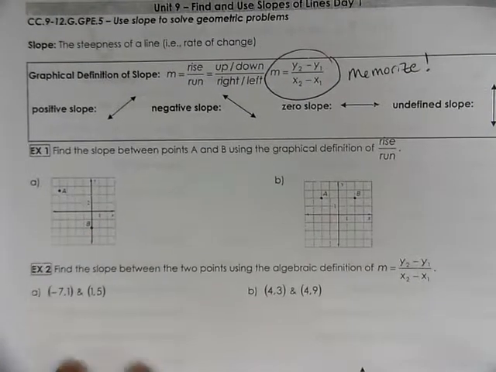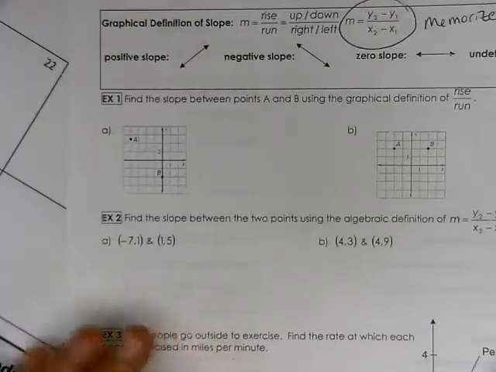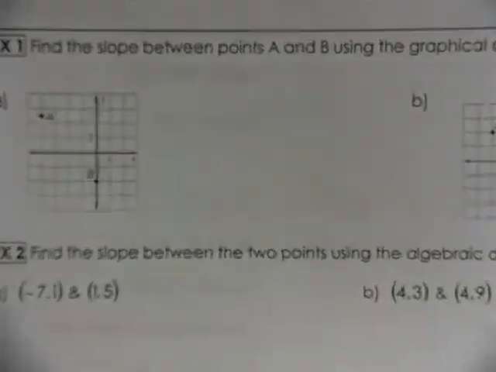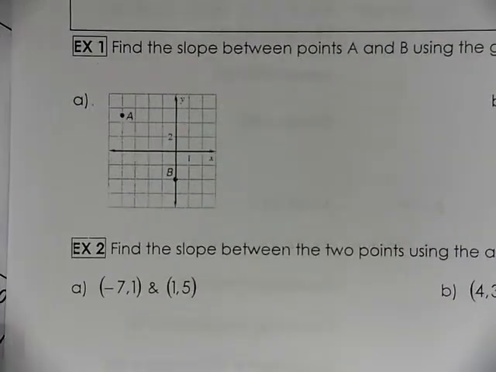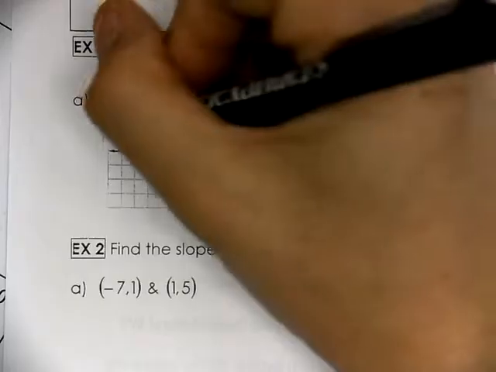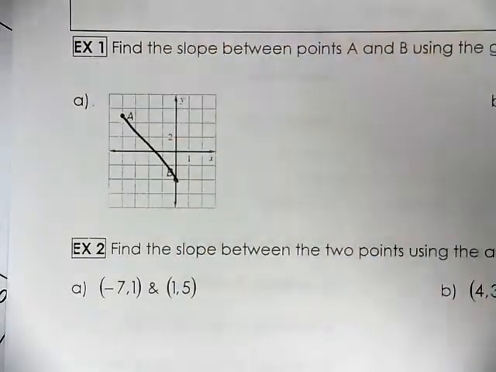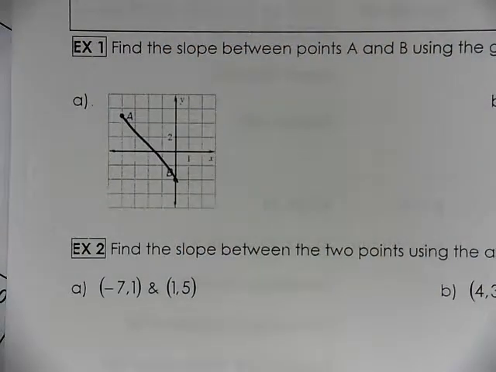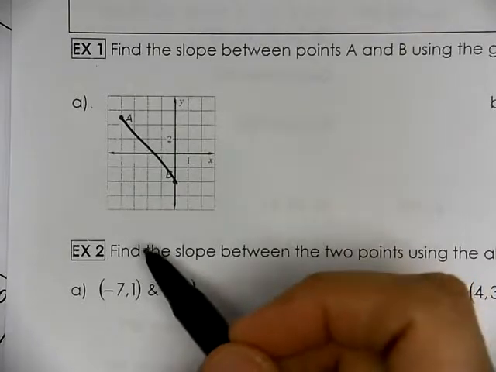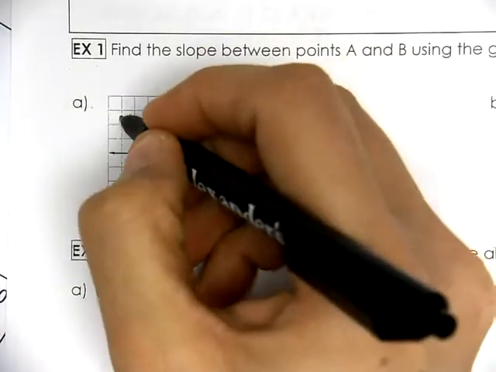So if I'm looking at A, find the slope between points A and B. Let's just use rise over run. So just count. You can always connect A to B. Now think about this. Each line on here is worth 2. So you can draw a triangle.